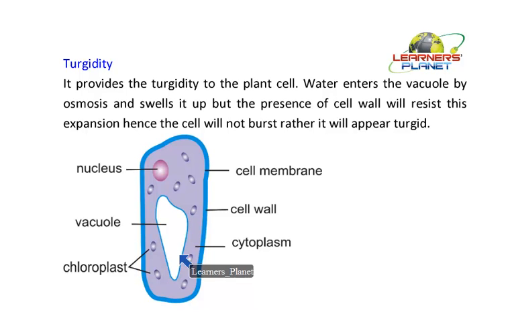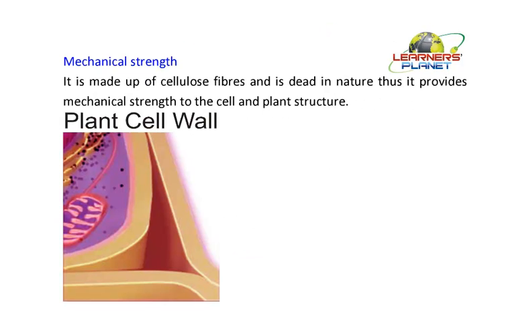This sap, with its syrupy consistency, will make the cell appear turgid. It will swell up and support the protoplast inside. It won't allow the membrane to burst further.